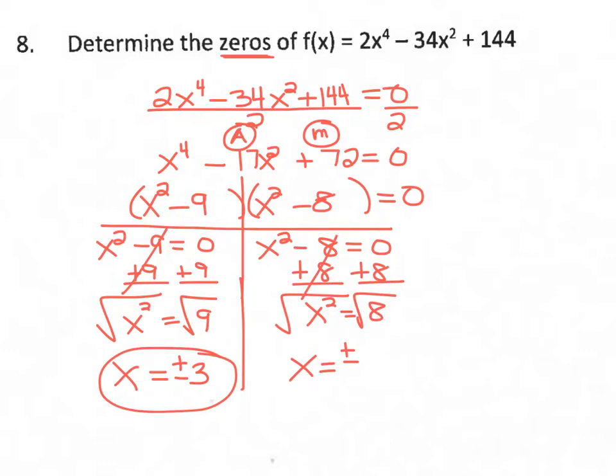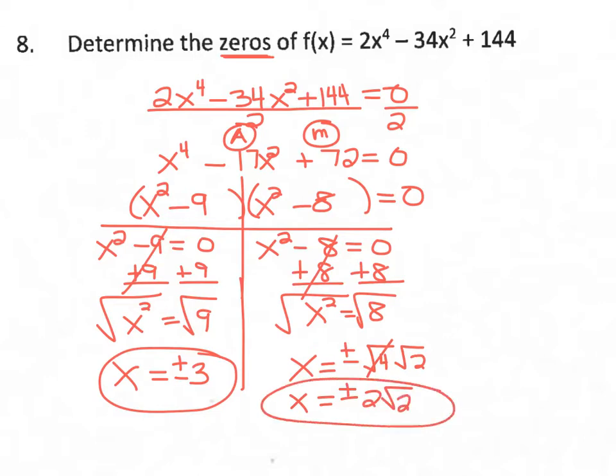So radical 8 breaks down into radical 4 and radical 2. And then the square root of 4 is 2. So this becomes a 2, so it leaves us with 2 radical 2. All right, so we wind up with 4 answers. Positive 3, negative 3, positive 2 radical 2, and negative 2 radical 2.